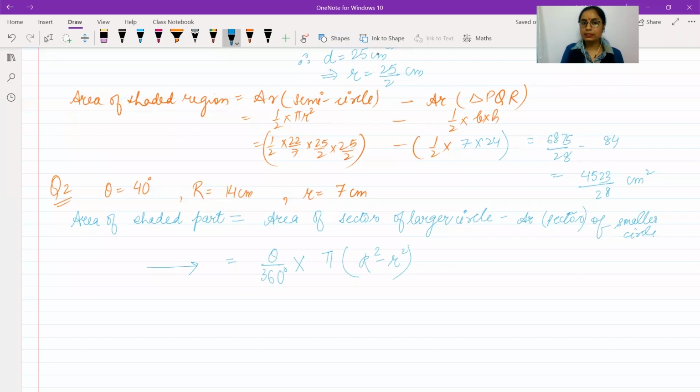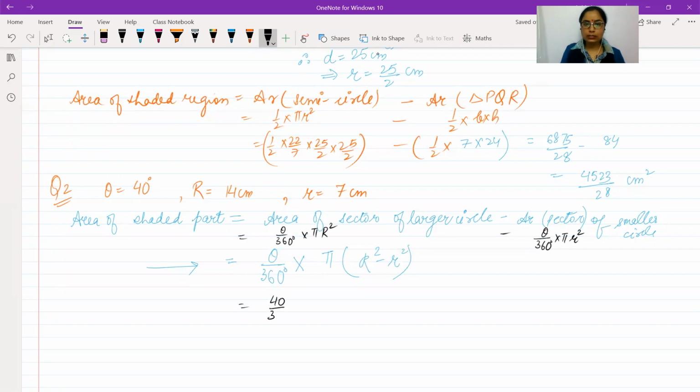You can directly write this, or you can write it the way I had done earlier: theta by 360 degrees into pi capital R square, minus theta by 360 degrees into pi small r square. So you can take these two common factors.